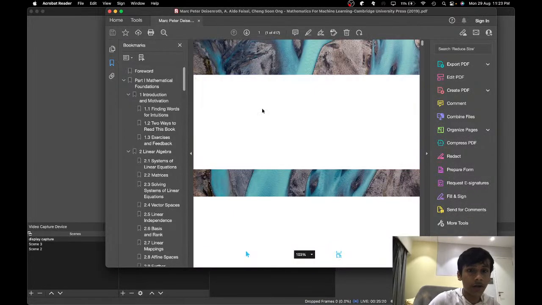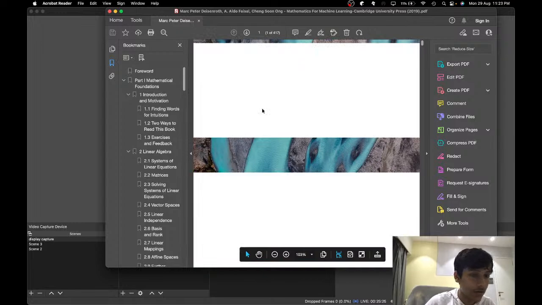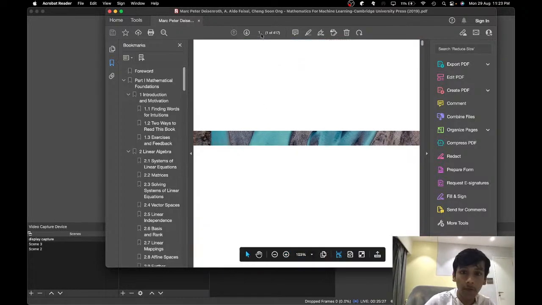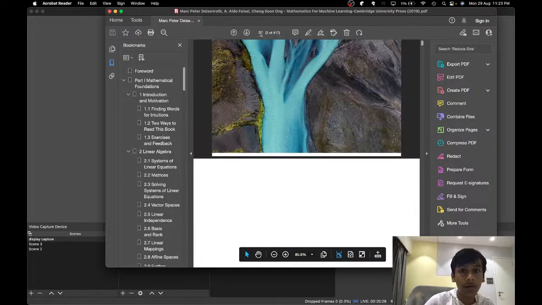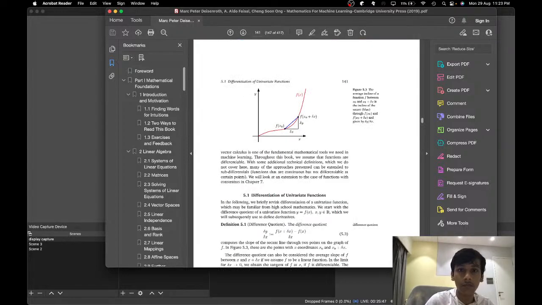All right, cool. So which page is this on? It's on 141. Let me just open that page up real quick. I know it's super laggy, but sorry for that. Can't really do a lot. Yep.